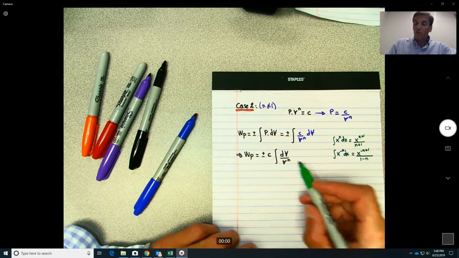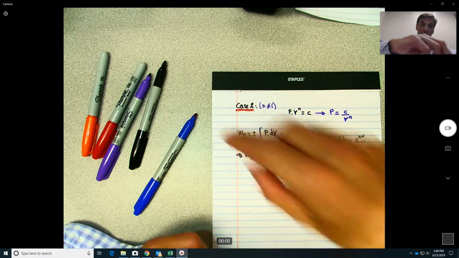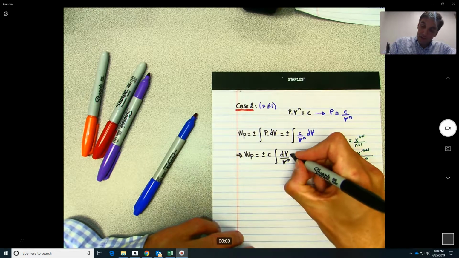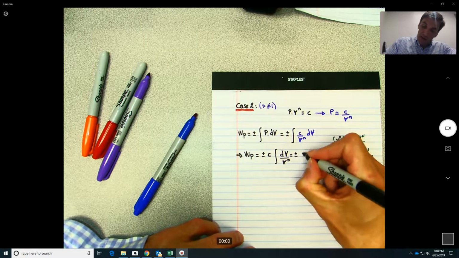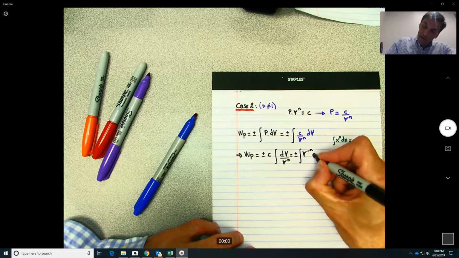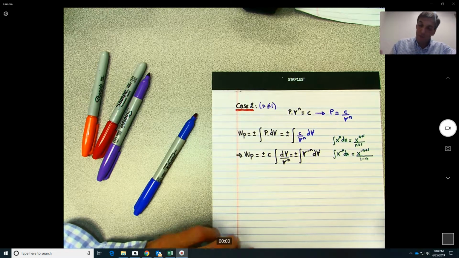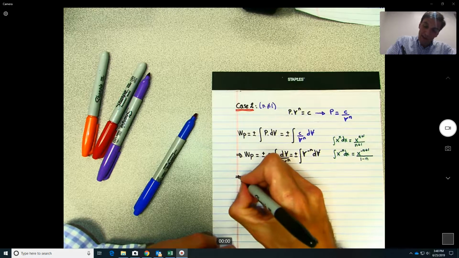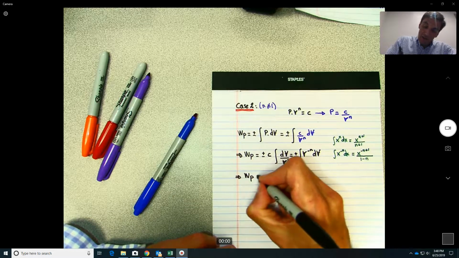Okay, so if you look at this equation, actually it is the same as writing this as plus minus C integral of V^(-n) dV. So if we do this, the integral will be equal to what?